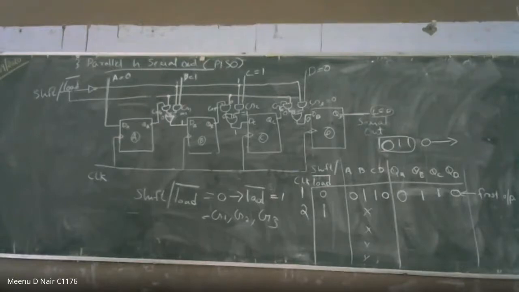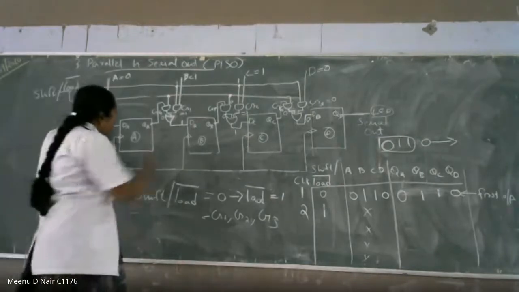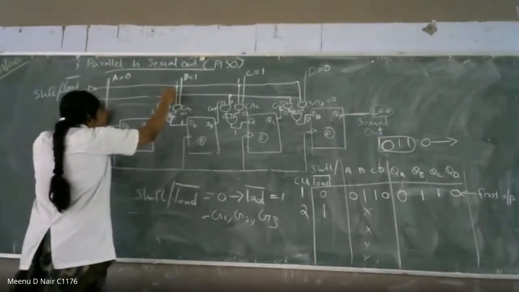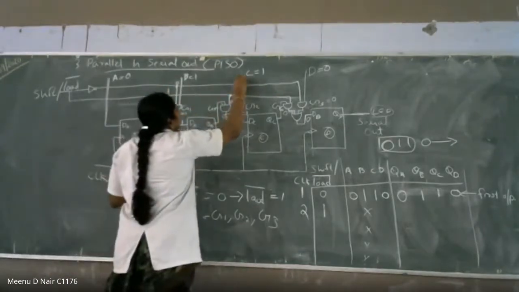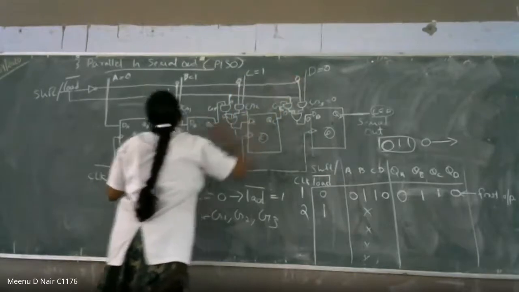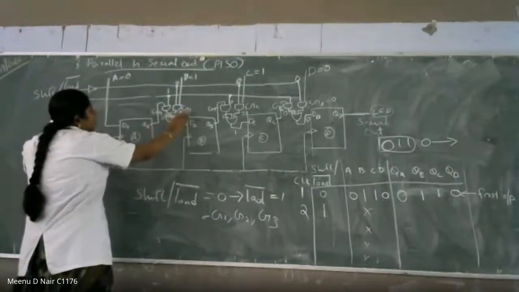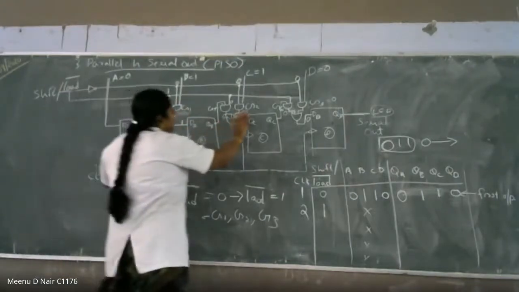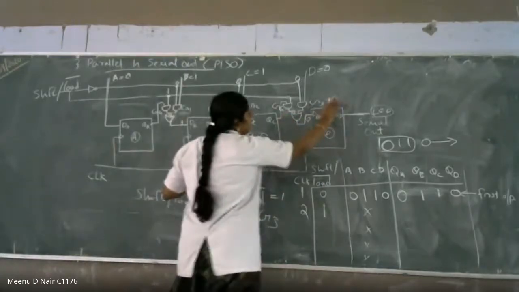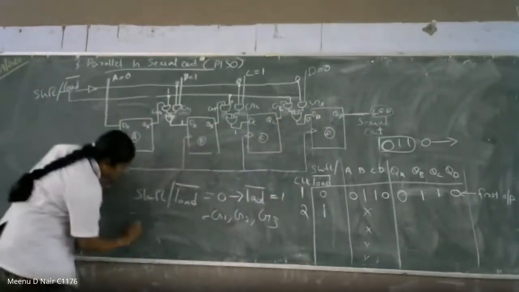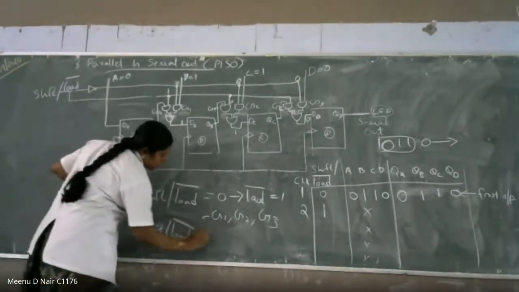After the first clock pulse, shift is equal to 1, so this line is 1. Load line is 0, shift line is 1. So this is 0, and G1, G2, G3 won't work. So shift bar, load bar is equal to 1.